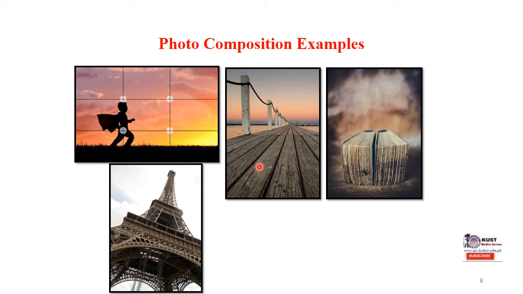So the very first image is following the rule of thirds. The second image is following the leading lines. These are the lines, right? And that is the reason this image looks very beautiful, because of the leading lines. The third image is following the symmetry composition principle, and again, we have already discussed symmetry in the previous lecture. In image number 4, we find the viewpoint composition principle.